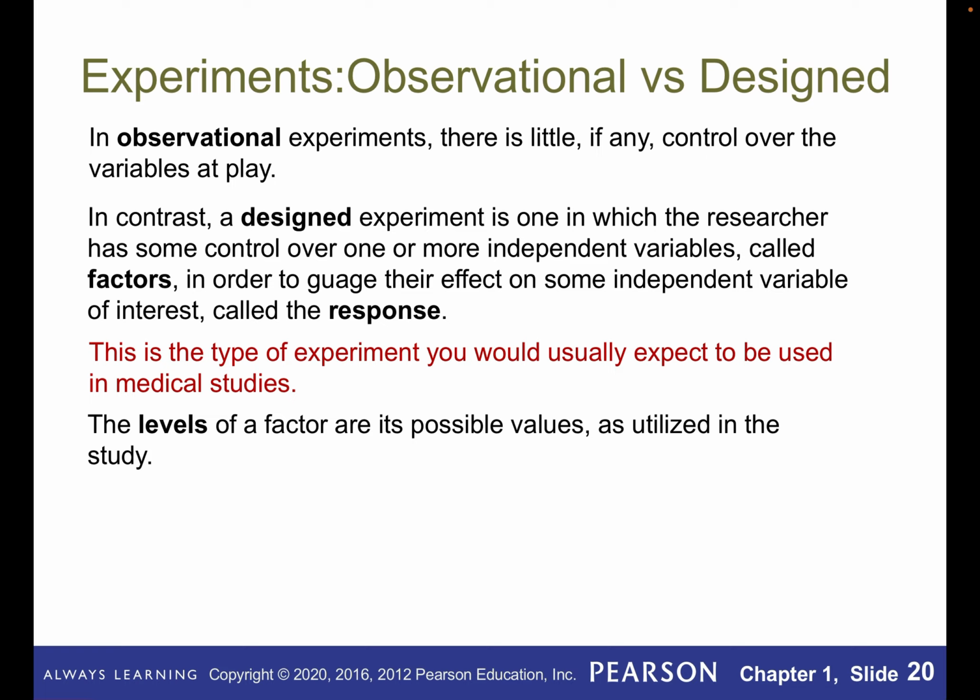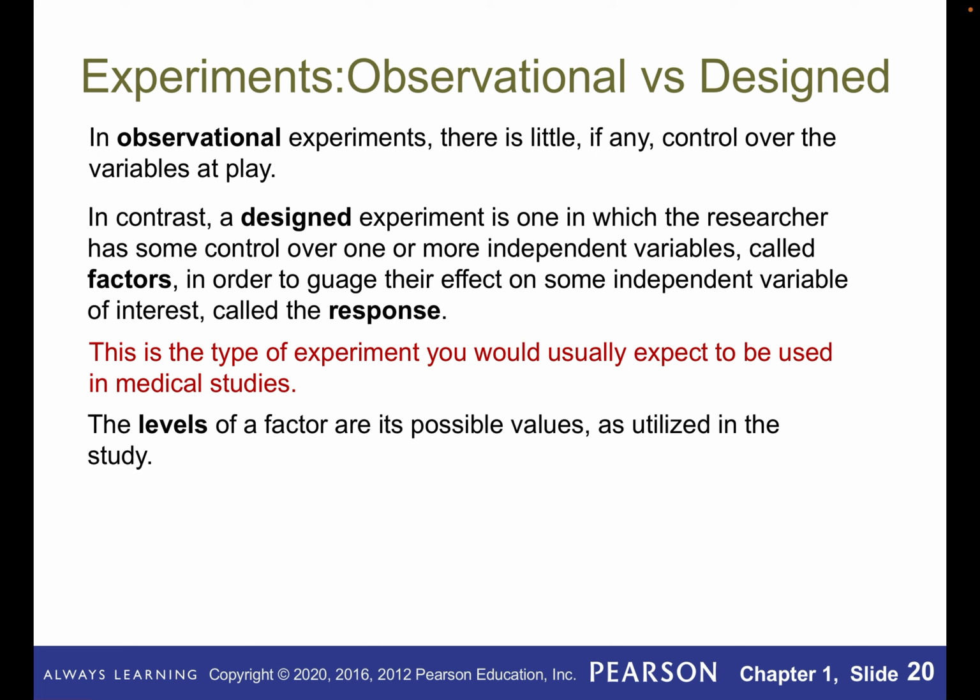And the different levels of the factors are the possible values of the factor. So, for example, if we're talking about a medical study, then maybe a new medication is being studied for its effect on blood pressure.